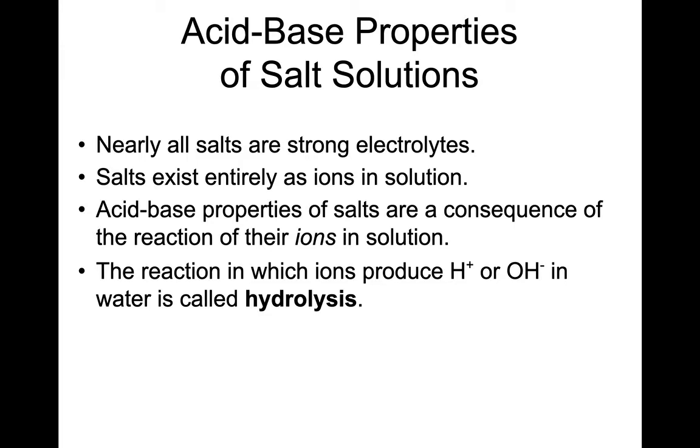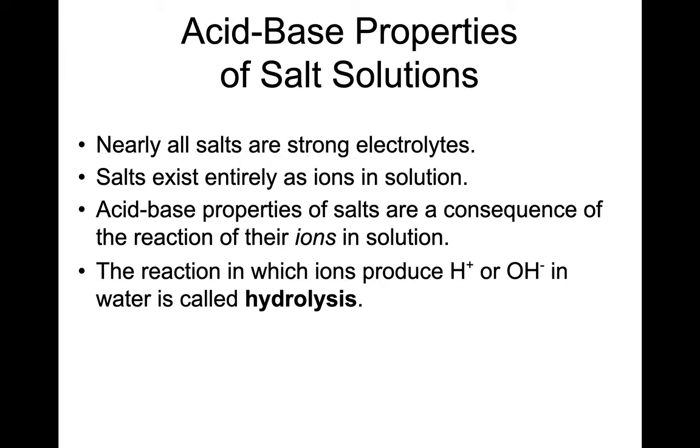And if we have a strong electrolyte, a salt, that will exist entirely as an ion in a solution. So remember, strong electrolytes by definition are things that completely dissociate in water. The sodium chloride in our example would completely break apart into sodium ions and chloride ions.